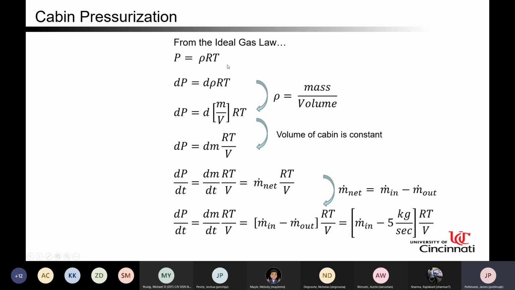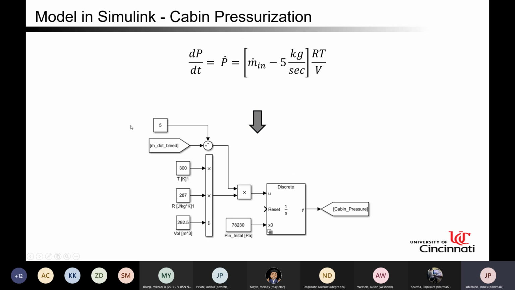Starting from the ideal gas law and making some assumptions as shown here, which can be reviewed after the presentation, you get that the change in pressure over change in time is equal to the mass flow in from the jet engine minus the 5 kilograms per second leaving the control volume, which is the aircraft fuselage, times the thermodynamic quantities R, T and V from the ideal gas law. Modeling this in Simulink is shown here.